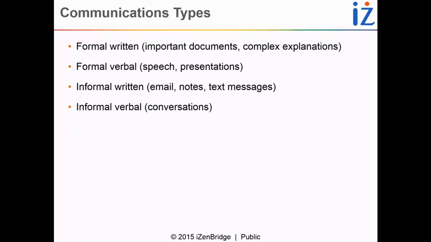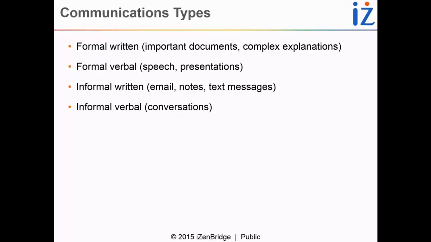Then there are different communication types. And this is also something we have to think about when we are planning communications. These are the 4 major types. So you could have formal written. It's important also to know when we would use this kind of communication. Formal written communication is if you are publishing some important document, obviously everything should be written down.